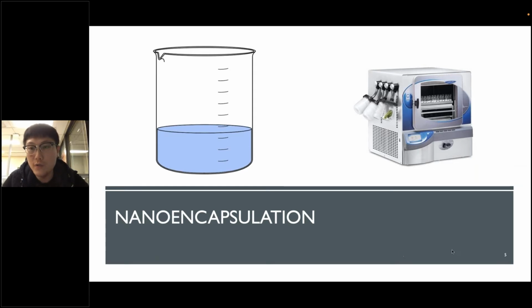Traditionally, we use freeze drying to dehydrate these kinds of nanoparticles, but during the freeze drying, we need to add some bulk agents such as mannitol or lactose to protect the structure of the nanoparticle. But after we add these bulk agents, the loading content of these particles decreases.